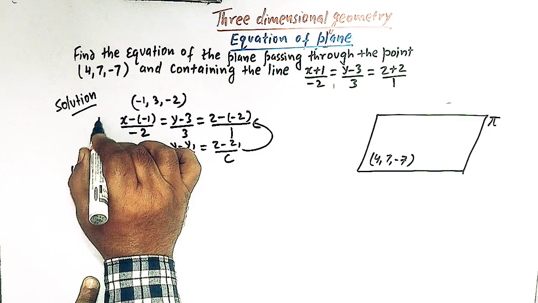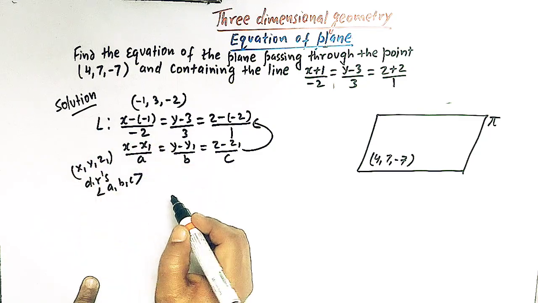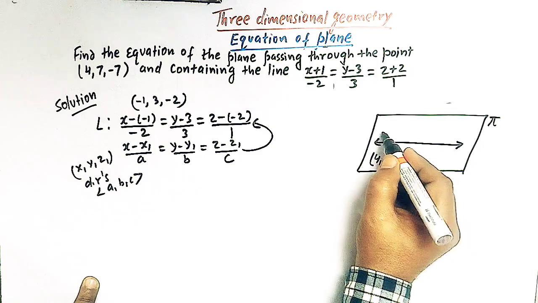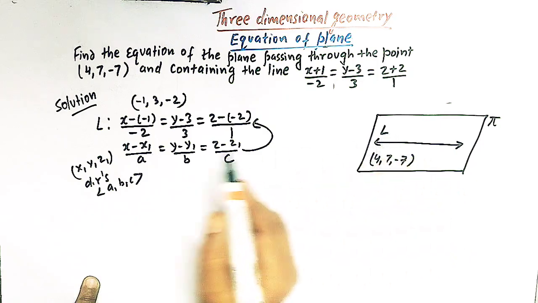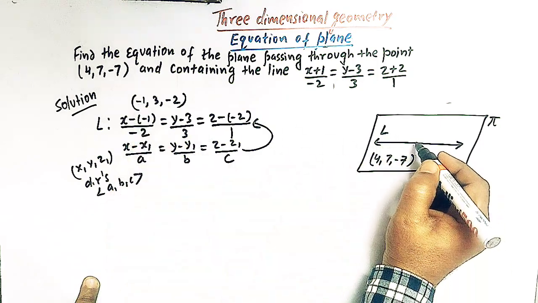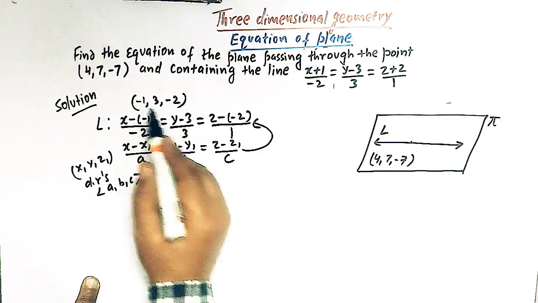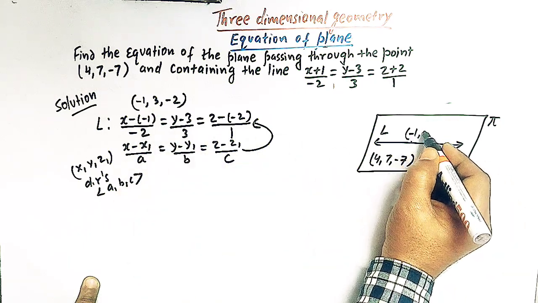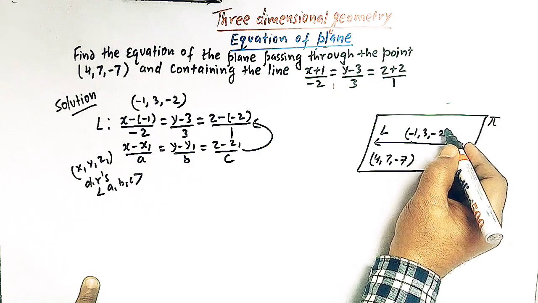So let us denote this line by the letter L. So here we have the line L, and since this line L passes through this point, this point also lies on this plane, that is (-1, 3, -2).